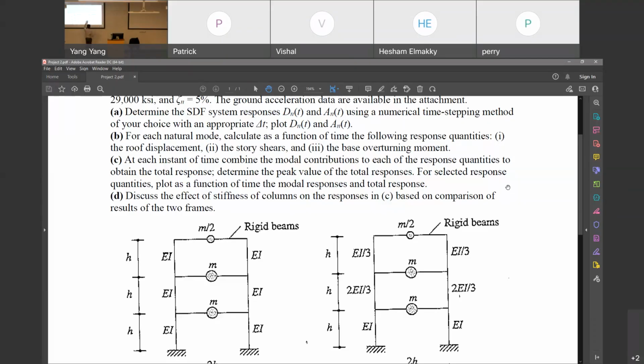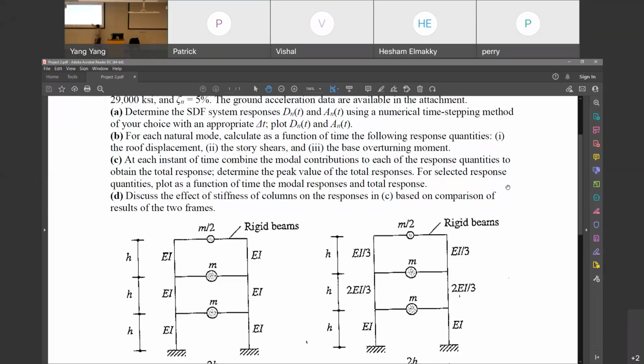Because you should be able to know the relative displacement of each level, so the shear force is a function of the relative displacement, because the floor is rigid. So that's part B, and the base overturning moment is also very straightforward.